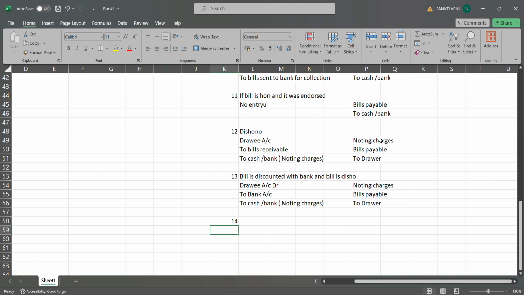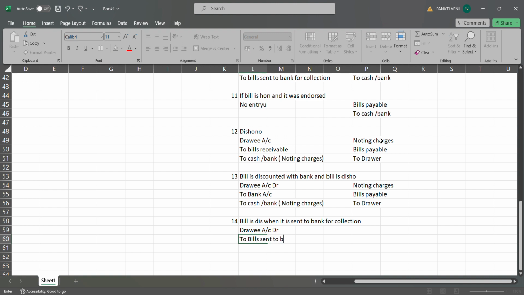Now the bill is dishonored when it is sent to bank for collection. In this case, you have drawee account debit to bills sent to bank for collection.